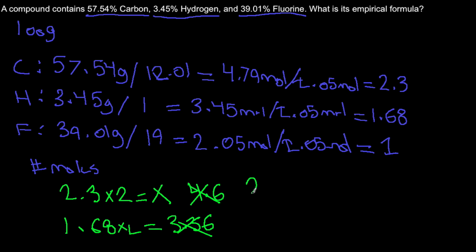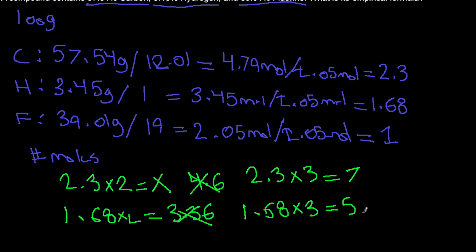But let's try multiplying 2.3 and 1.68 by 3. 2.3 times 3 is going to give us something close to 7, which is a whole number. And 1.68 times 3 is going to give us 5, or at least close enough for us to round it. So that means we also need to multiply our 1 from the fluorine by 3, because we have to multiply all of the numbers by 3.